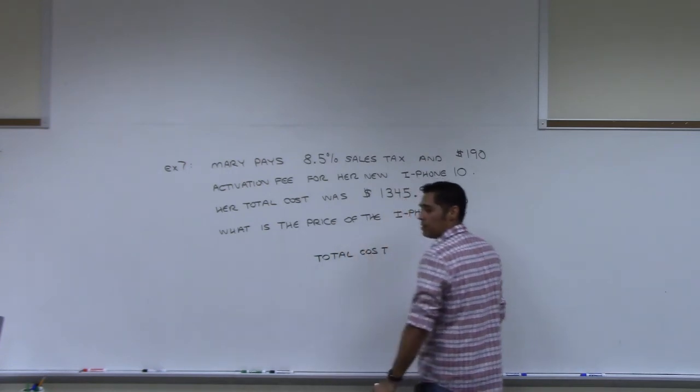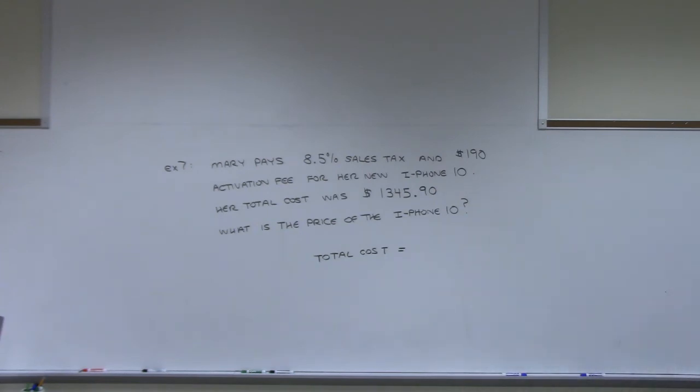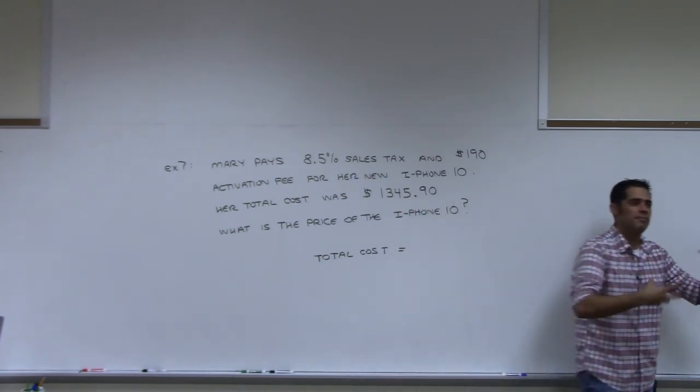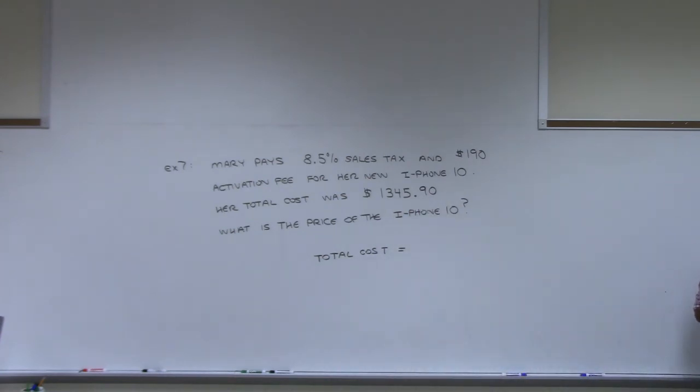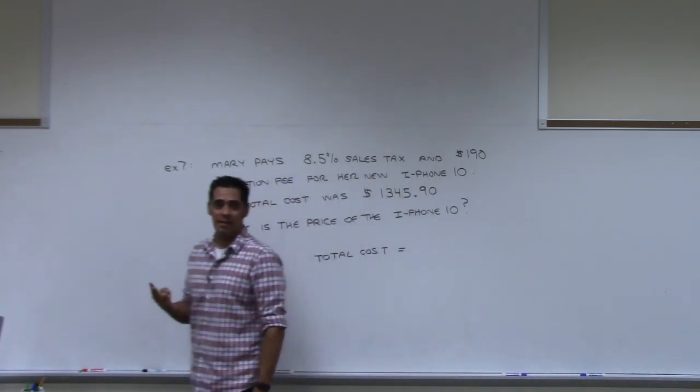The total cost should be equal to what? It's this number right here, right? But tell me what that is made up of. It's the price of the phone itself, plus the activation fee, all of that times the sales tax. Agreed?